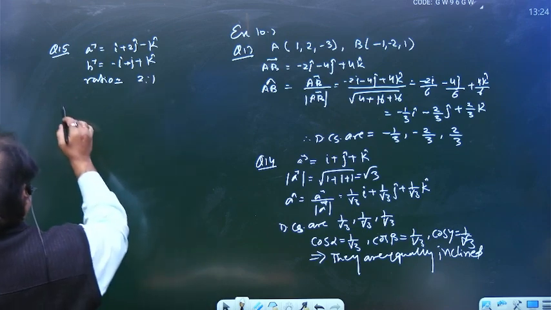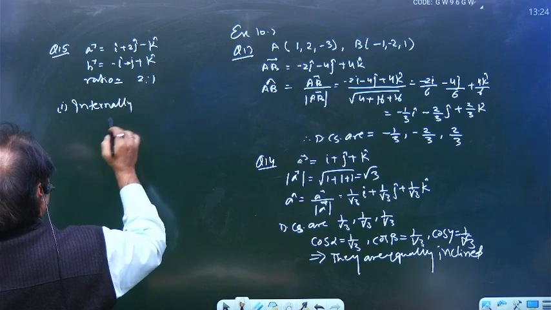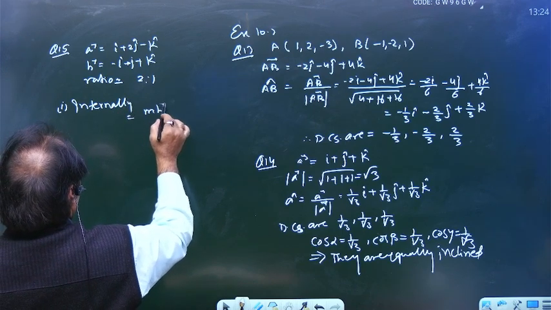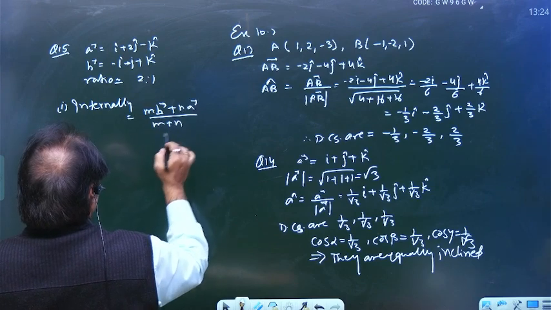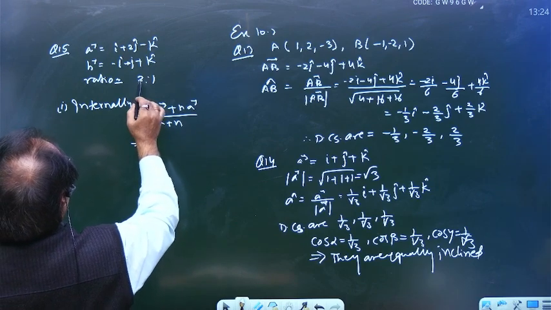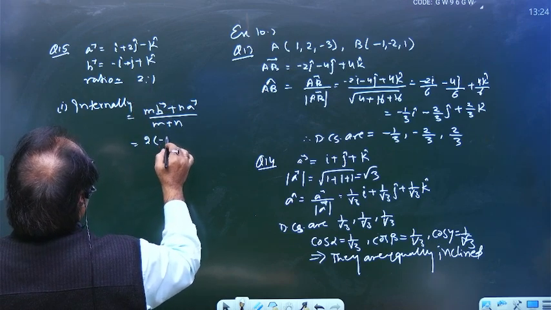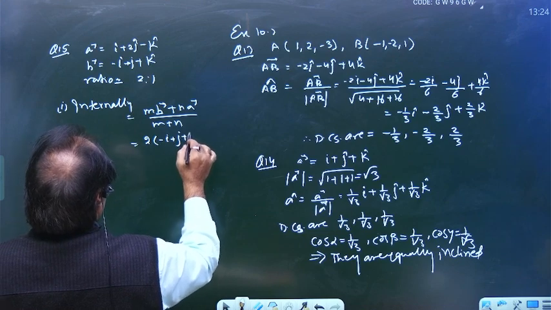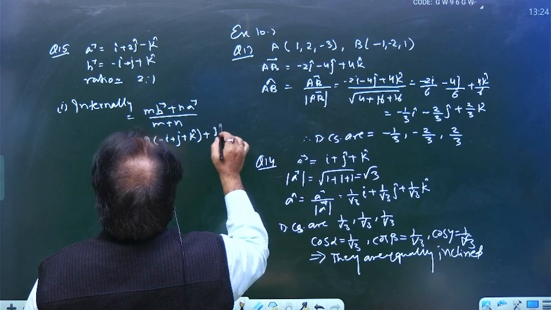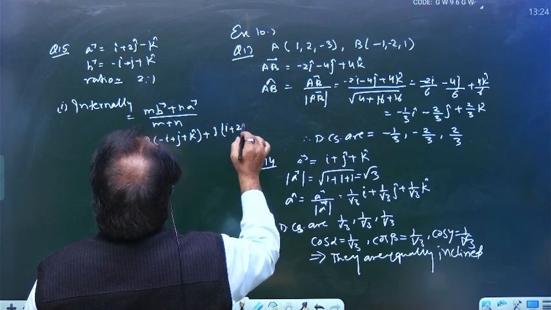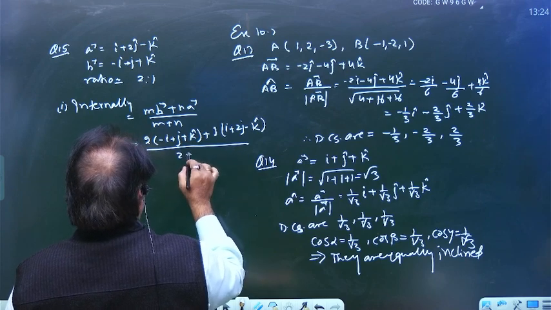So for the internal division, first of all we apply the formula: m B vector plus n A vector upon m plus n. So m B vector, what is m? This is m or this is n. So 2 into minus i cap plus j cap plus k cap, and plus n, n is 1, 1 into i cap plus 2j cap minus k cap, divided by the sum of the ratio, 2 plus 1.